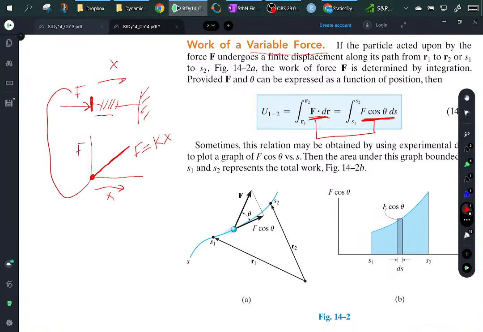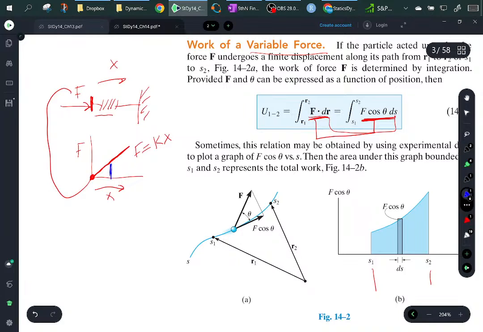Your ds sits right here, and here's your s. There are problems in this book where he wants you to deflect it from here to here, and essentially it's the area in there. That's what he's doing right here. He's showing that it doesn't matter whether it's linear or not. It's still the area under the diagram.